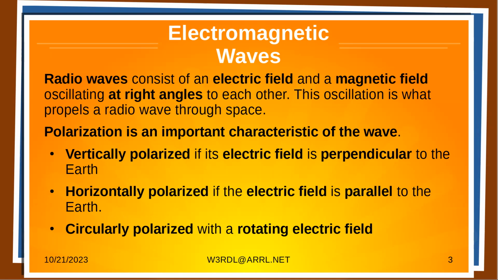It's going to go back and forth from one end to the other and propagate perpendicular broadside to the wire. If you rotate that wire 90 degrees, so it's vertical, it's now vertical with respect to the Earth. So it's called vertical polarization.